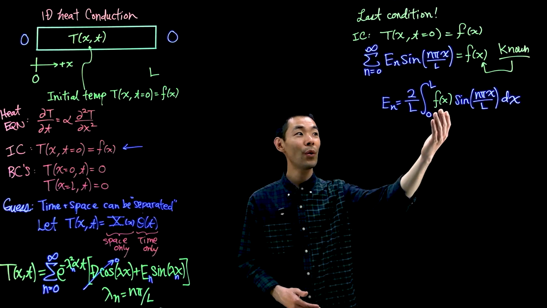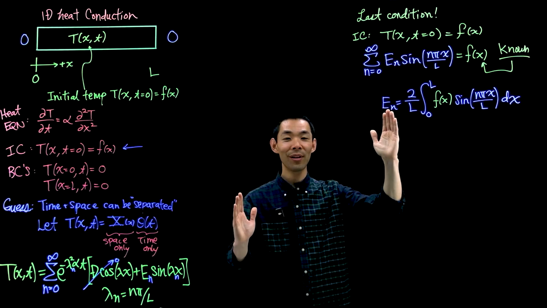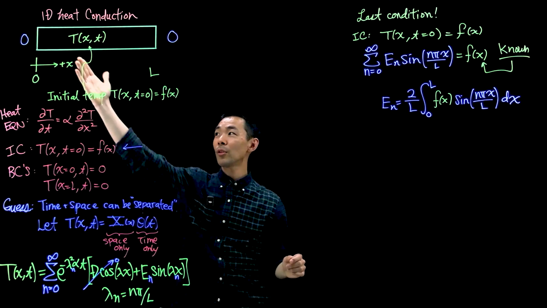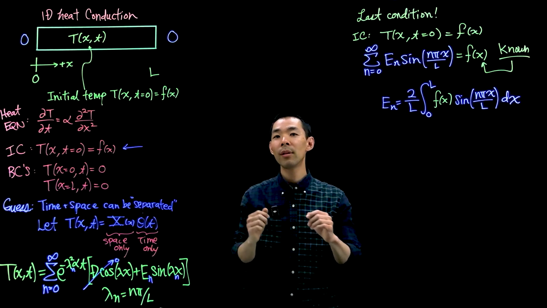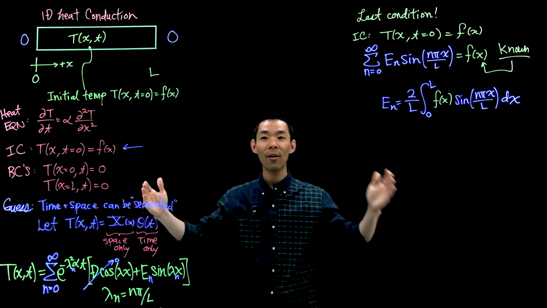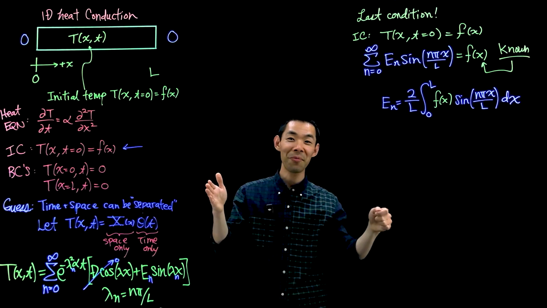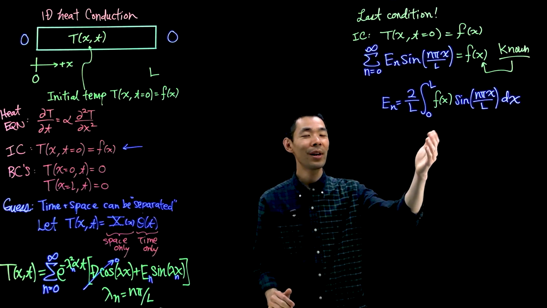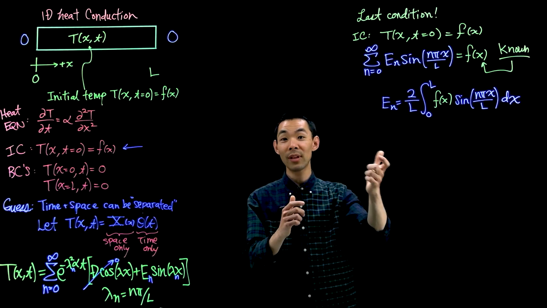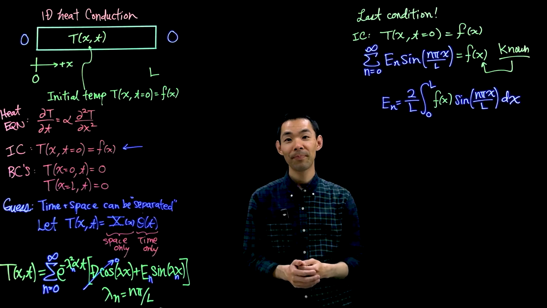Therefore, you're taking this function f and extending it as an odd function from negative L to L. Because in this problem the domain goes from 0 to L, we need to extend it from negative L to L, because Fourier series is defined on a periodic interval from negative L to L. Therefore, we do an odd extension, and we get a factor of 2 because we have double the area now, and you get this coefficient to come out.